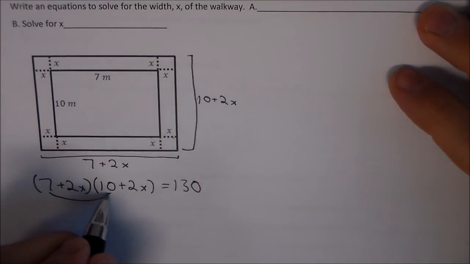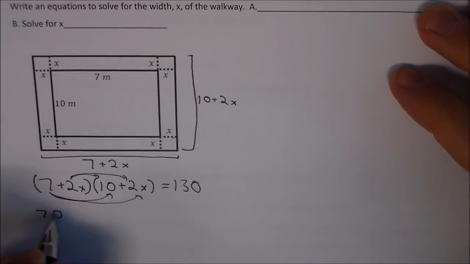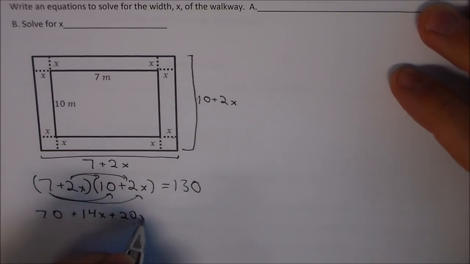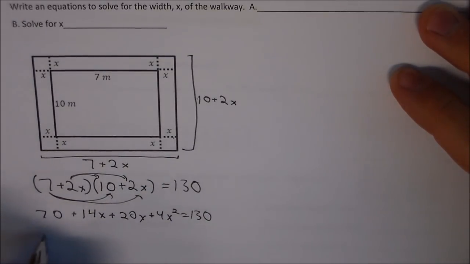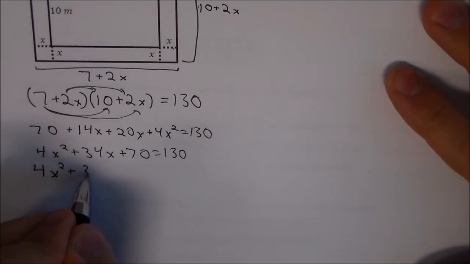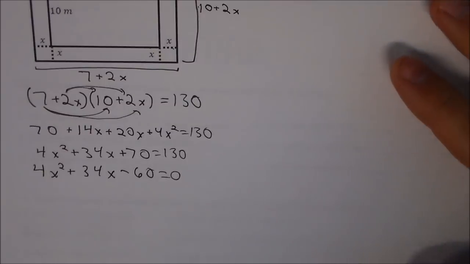Multiplying all the terms in the first by all the terms in the second, I get 70 plus 14x plus 20x plus 4x squared equals 130. Rearranging this, I get 4x squared plus 34x plus 70 equals 130. That's 4x squared plus 34x minus 60 equals 0.